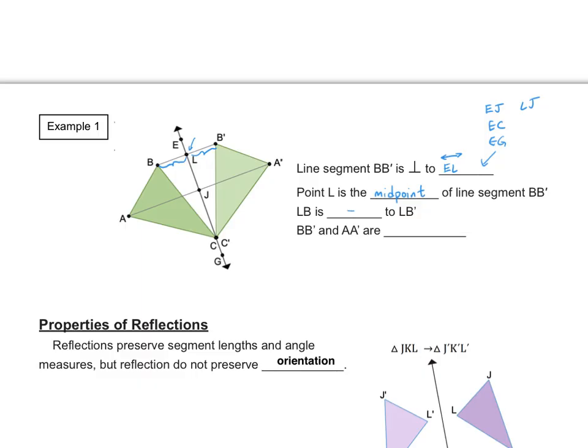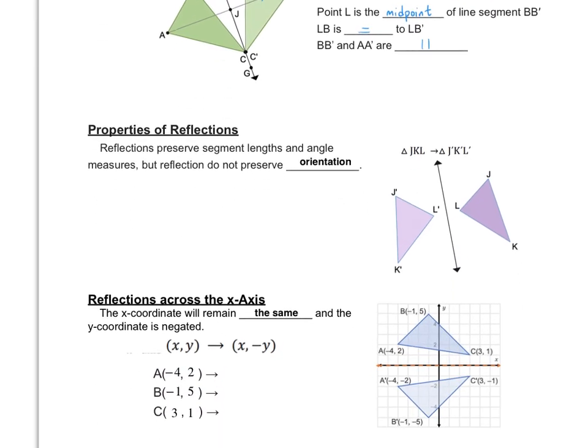I think it is congruent, right? It's going to be the same length. And then B prime and A prime do not appear to be the same length, right? B prime and A prime are not the same length, but we do know that they are parallel. And that's it, being able to identify the characteristics using reflection.